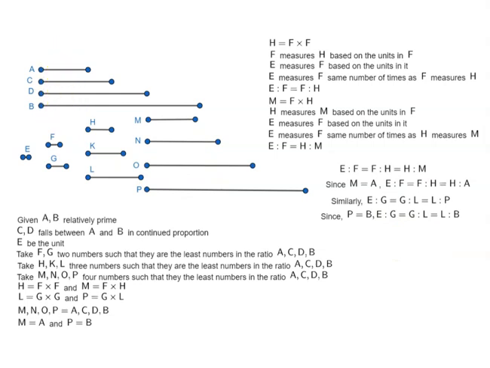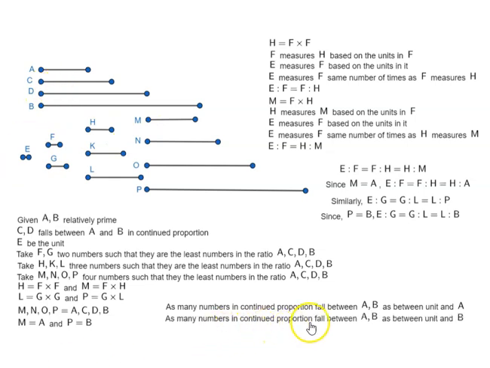So as many numbers in continued proportion fall between A and B as between the unit and A, that is M, since M and A are equal. So here we have two numbers, here also we have two numbers. And similarly, as many numbers in continued proportion fall between A and B as between the unit and P or B, since they are equal.